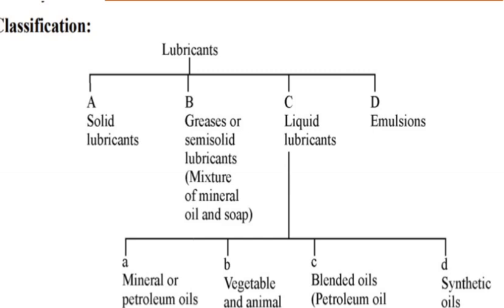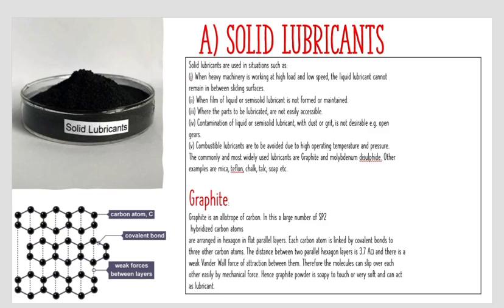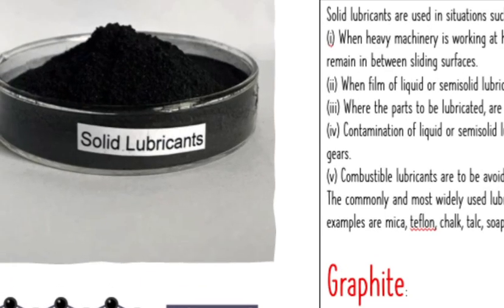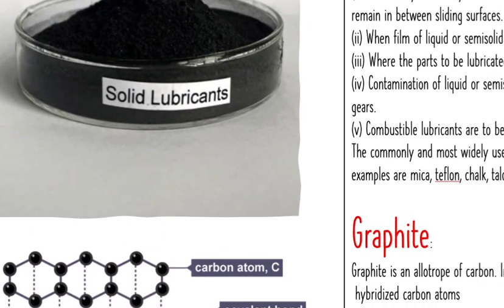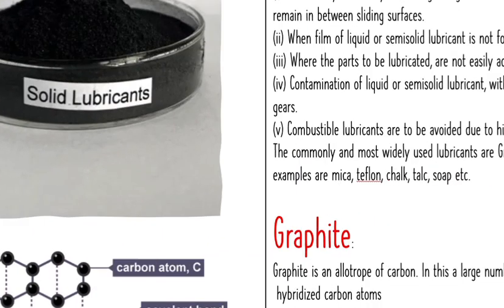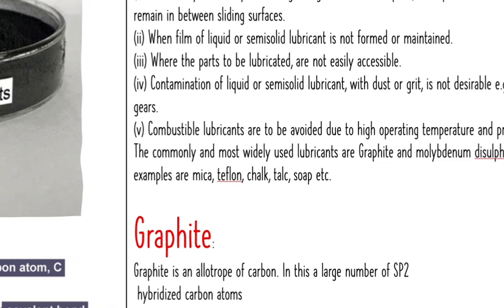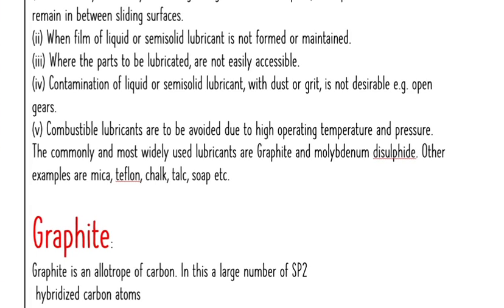So let's start with the first one, which is solid lubricant. The diagram shows a picture of a solid lubricant, how it looks exactly in real life. Solid lubricants are used in situations such as: first, when heavy machinery is working at high load and low speed, where liquid lubricants cannot remain between sliding surfaces.